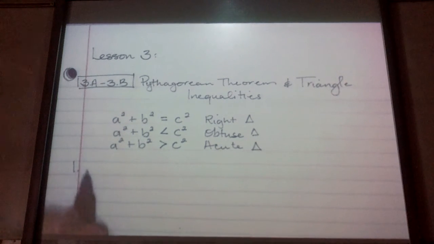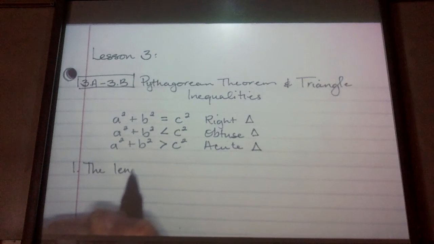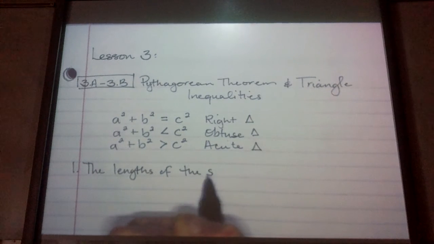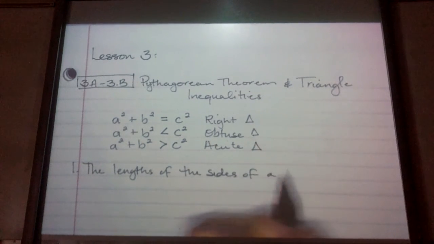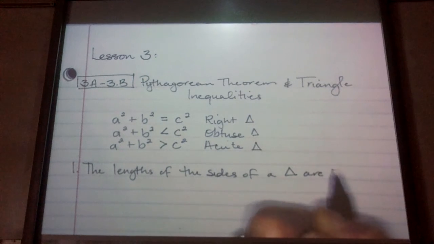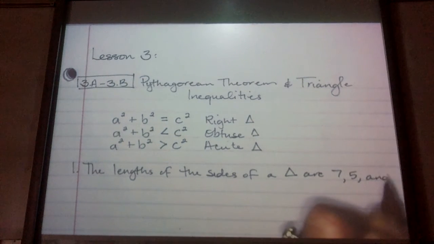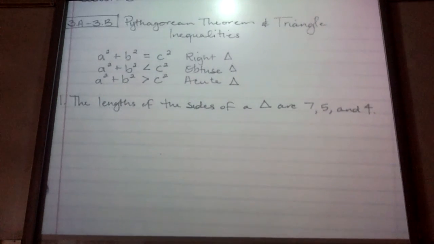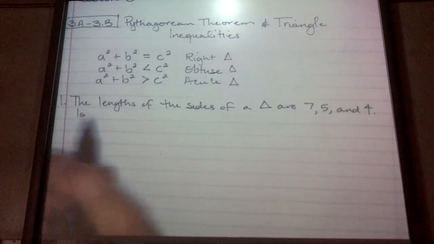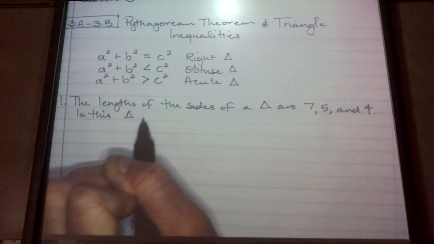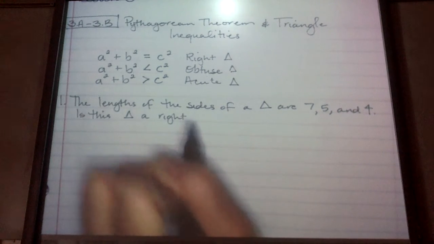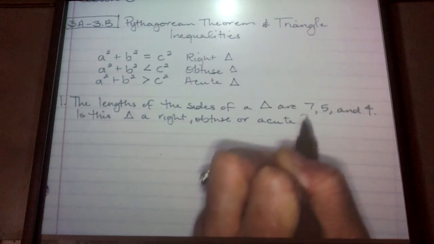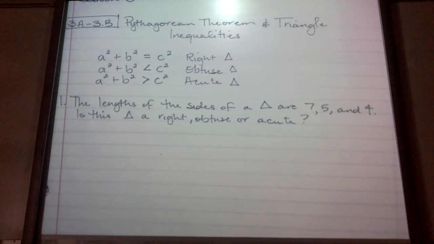So number 1, if the lengths of the sides of a triangle are 7, 5, and 4, is this triangle a right, obtuse, or acute?